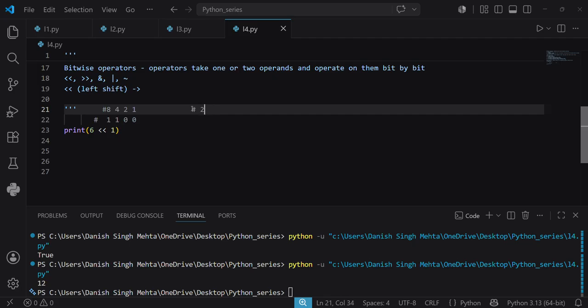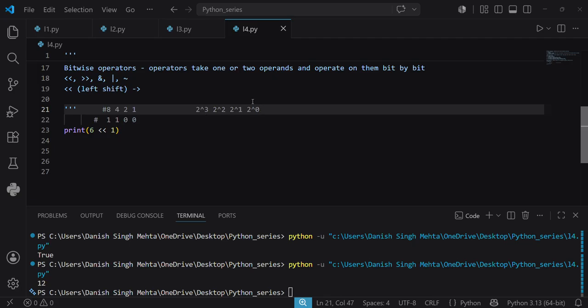We have 8, 2 to the power 3, 2 to the power 2, 2 to the power 1, 2 to the power 0.